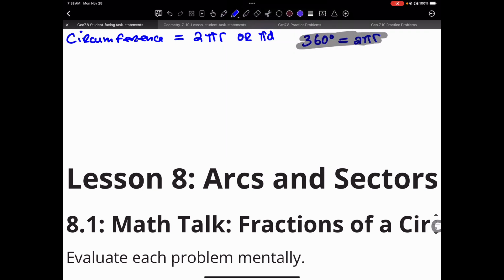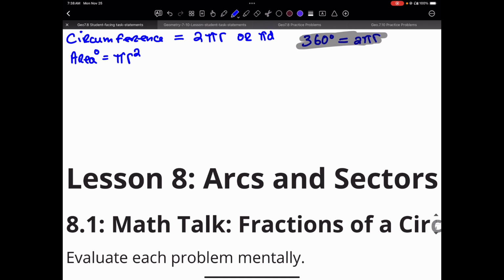All right, the next thing, the area of a circle. Area of a circle. That's going to be pi times radius squared, right? Pi times our radius squared.